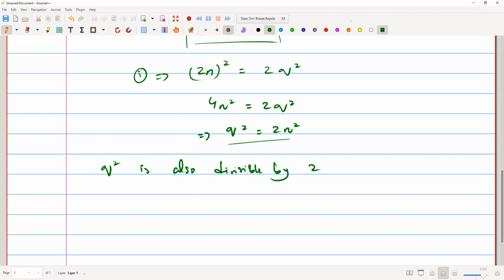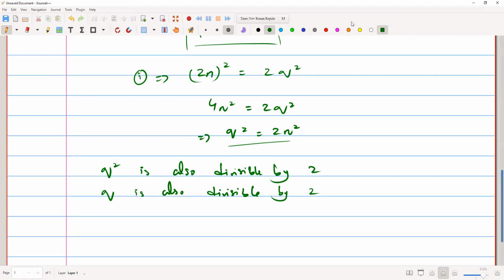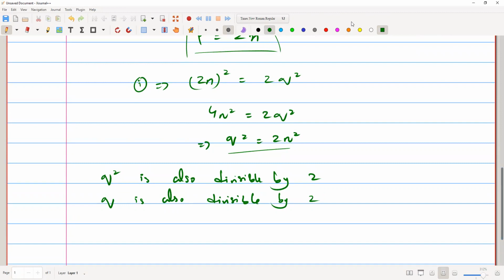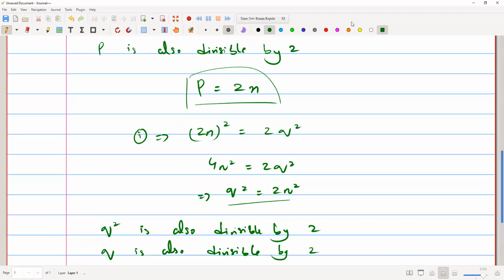And if it's divisible by 2, then q is also divisible by 2. So we see here that both p and q are divisible by 2, which means that they both have a common factor. But in our assumption, we said that p and q do not have any common factor. And this is the contradiction.